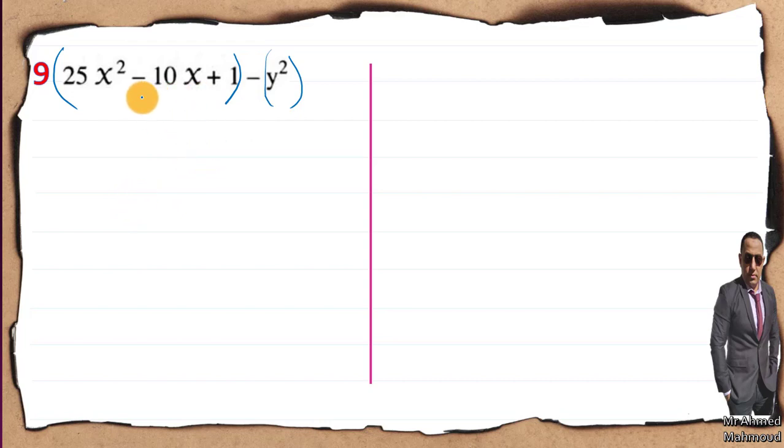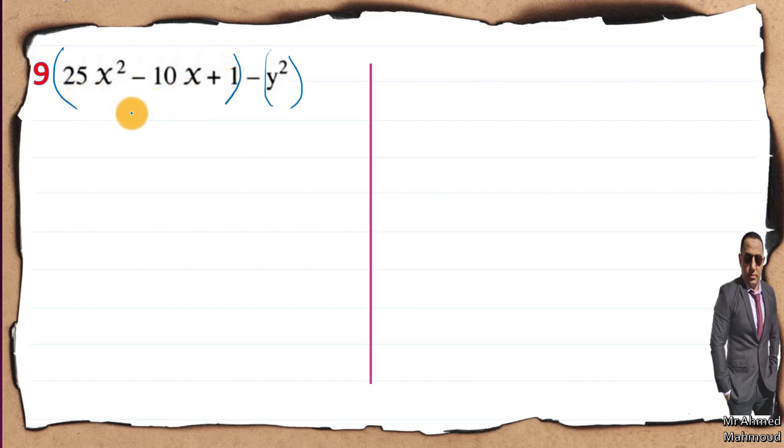Okay, this one, by looking carefully, 25x power of 2 minus 10x plus 1, okay, this one is a perfect square, because 25 is a square, its square root is 5, 1 is a square, its square root is 1, and the middle term equals 2 root 25 times root 1 equals 10.